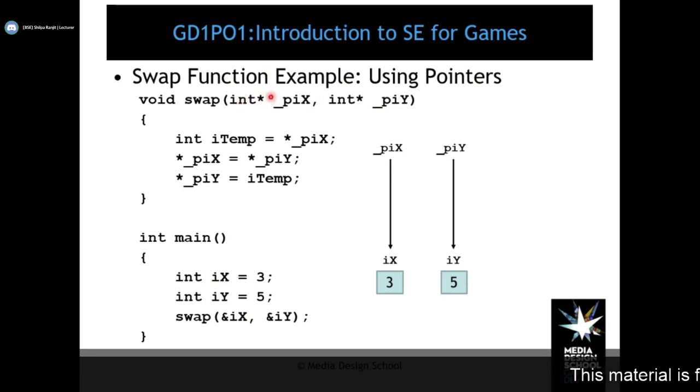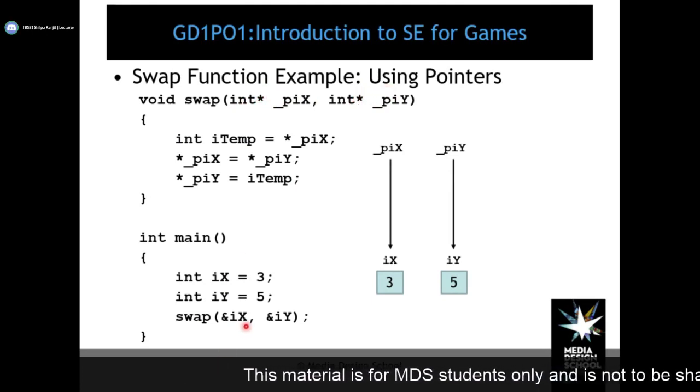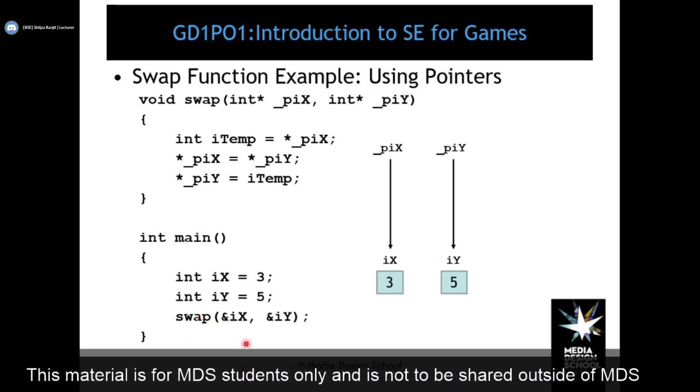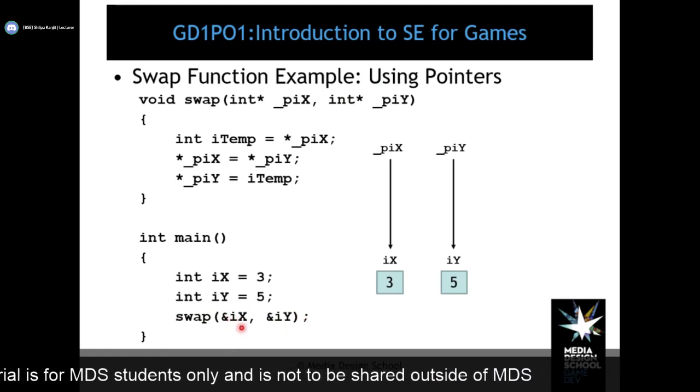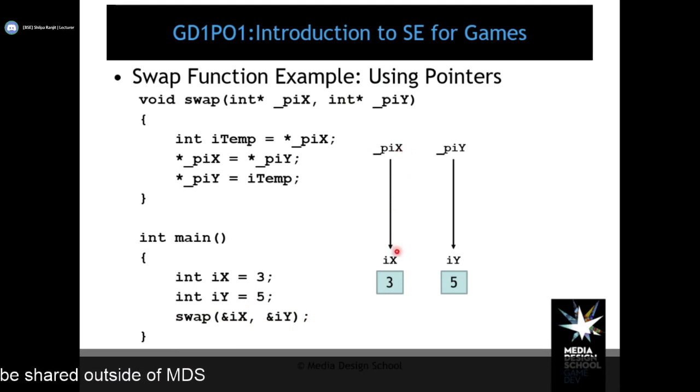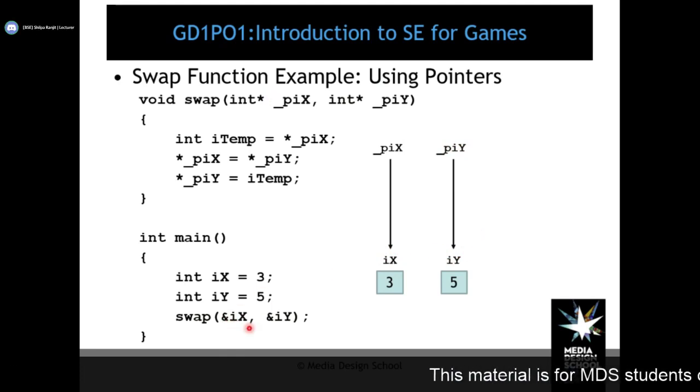Because at the point of declaration, if you've got int asterisk, that indicates that it's a pointer. But a pointer also requires that you pass address of variables. So you can see at the point of call, we are passing address of ix and address of iy. And that is why the pix holds the address of ix and piy holds the address of iy. So you're passing address of ix to the first one, that is pix, address of iy to the second one, that is piy.